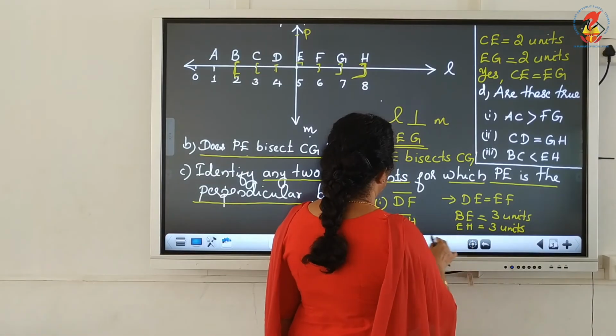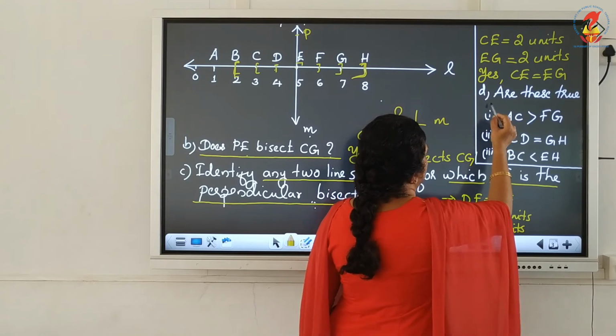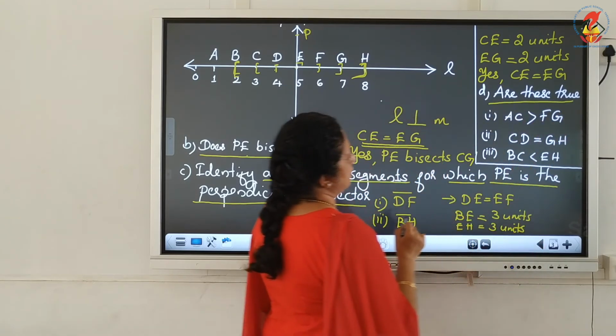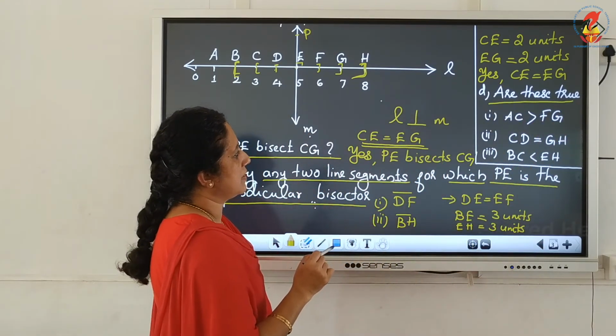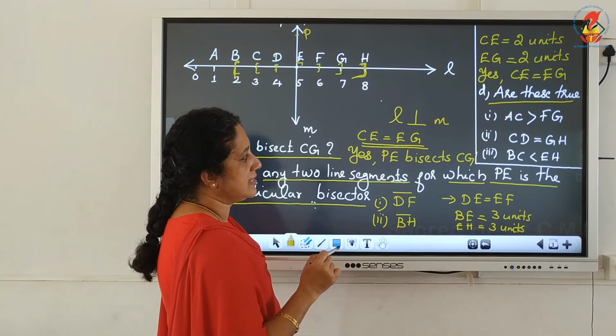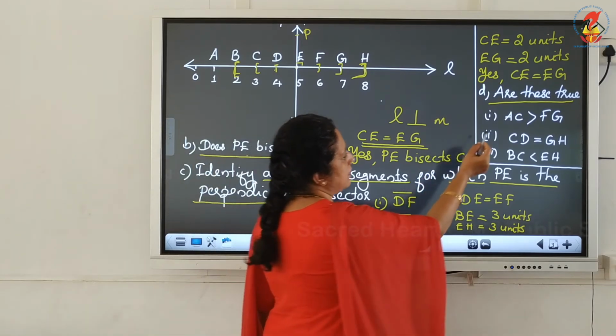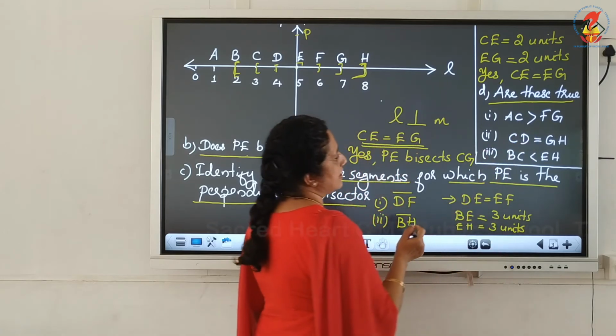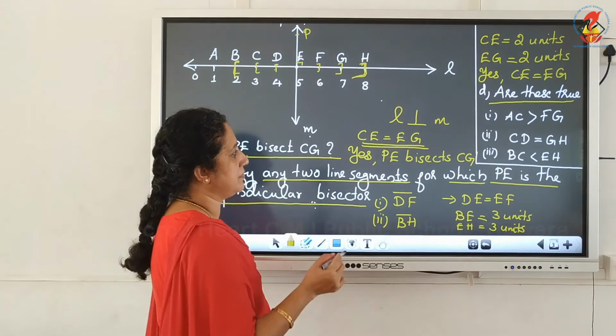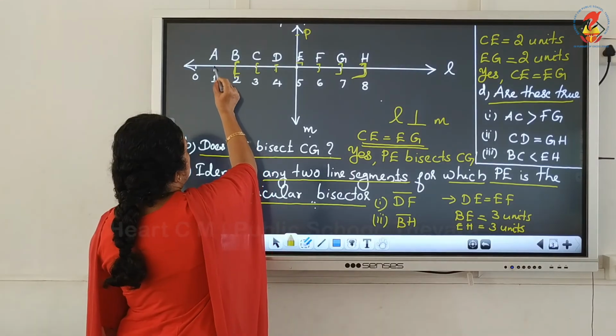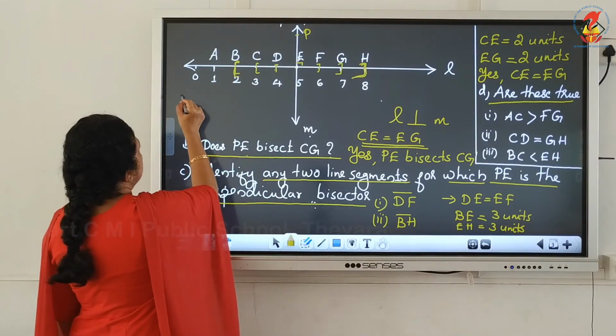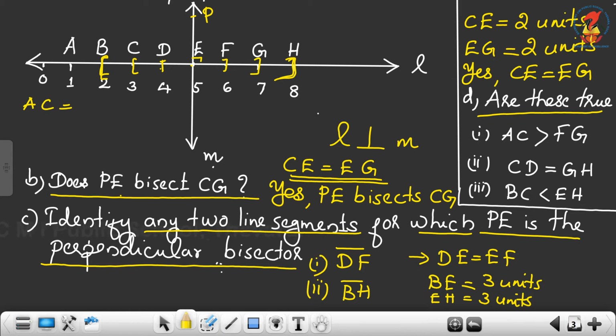Now, next one. Are these true? We have to verify. Now first one, AC greater than FG. Length of line segment AC is greater than length of line segment FG. First of all, find out what AC is. A is at 1, C is at 3. So what is the length of line segment AC? 3 minus 1, which is equal to 2 units.